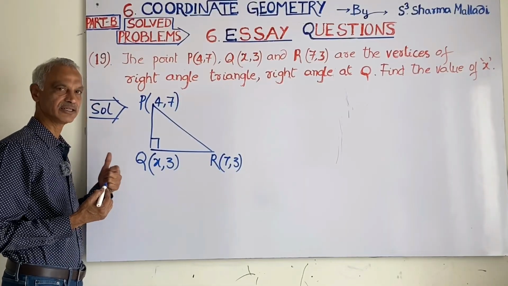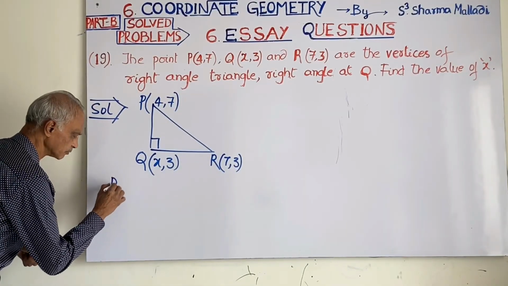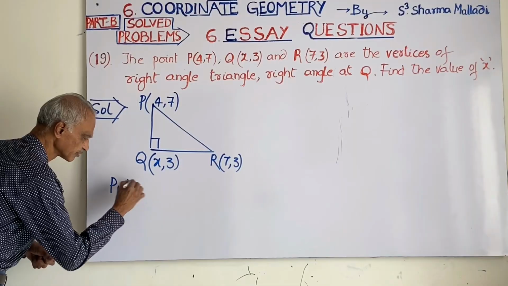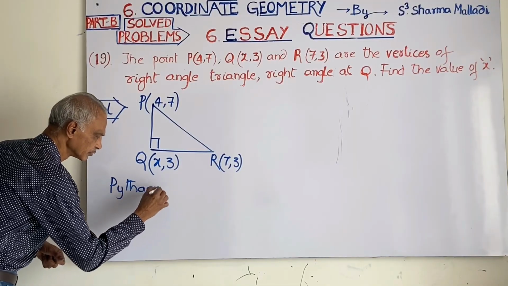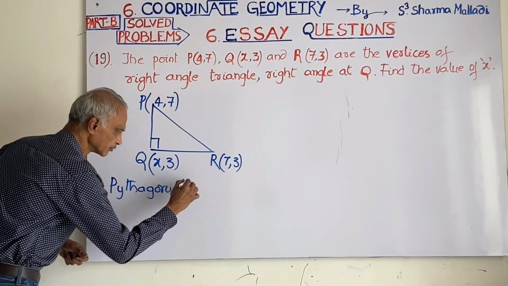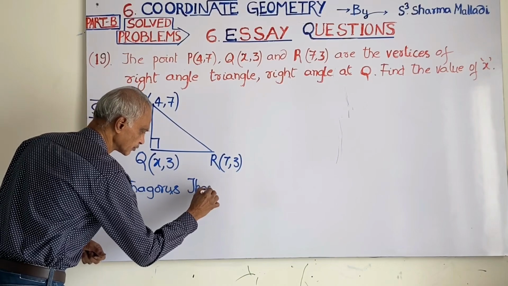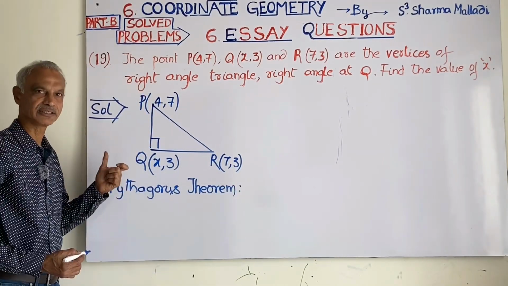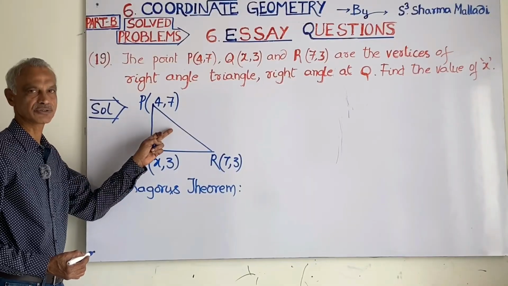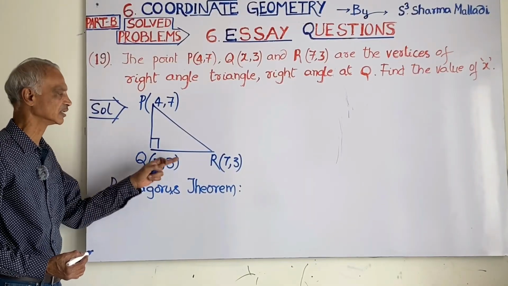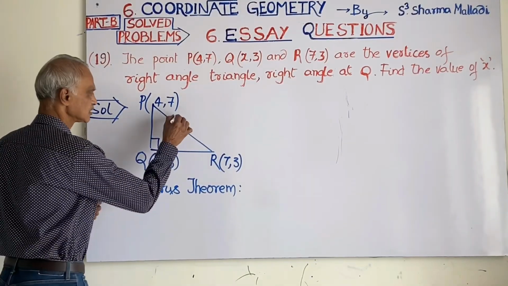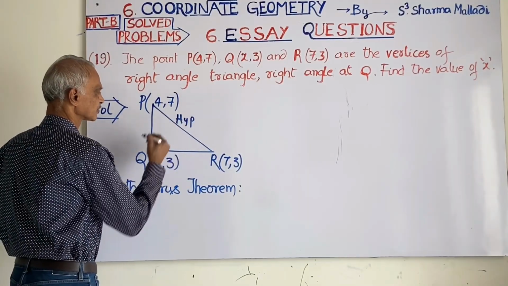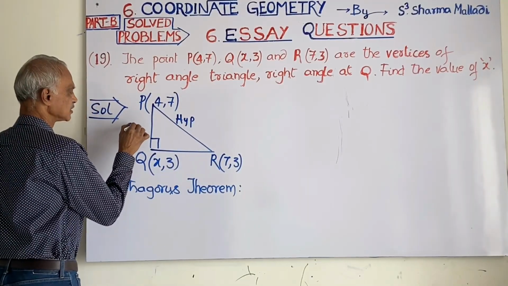If you see a right angle triangle, we should remember Pythagoras theorem. What is Pythagoras theorem? In a right angle triangle, square of the hypotenuse is equal to sum of the squares of other two sides. This is hypotenuse. This is opposite side.